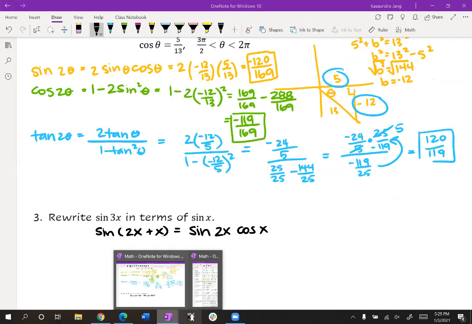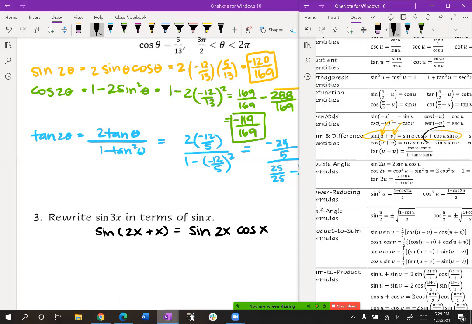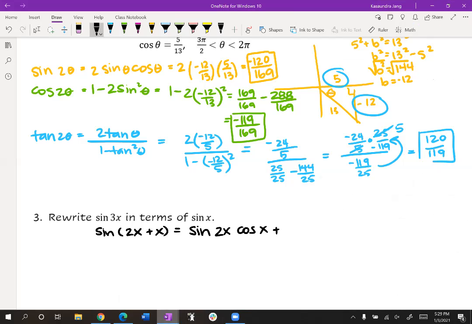And then plus cosine of, again, my u is the 2x, so cosine of 2x sine of x. Okay, so they want us to rewrite it in terms of sine of plain x. I don't have a 3x anymore, but I still have some 2x's.